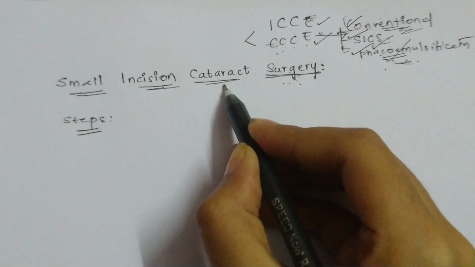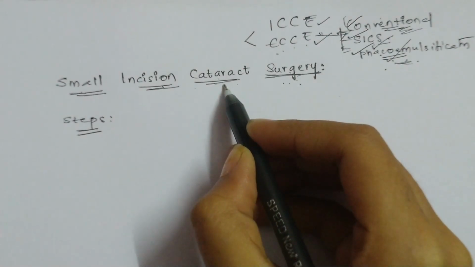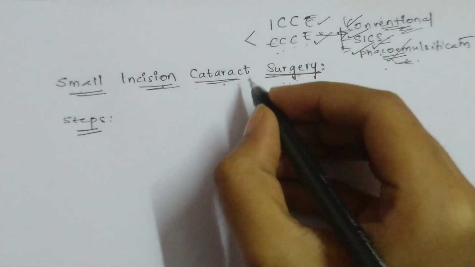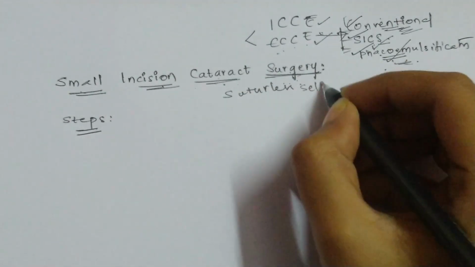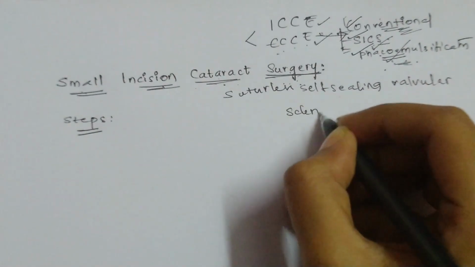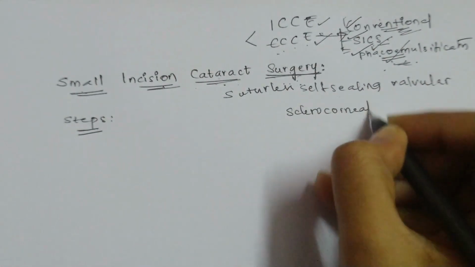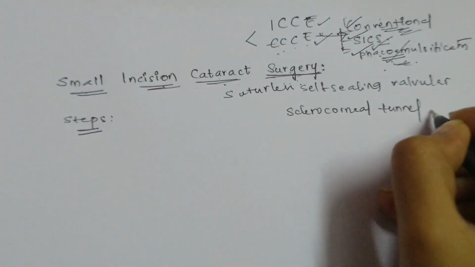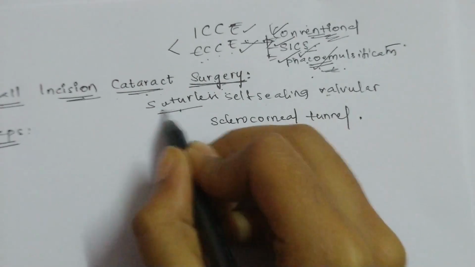The main advantage of small incision cataract surgery is that in this a sutureless, self-sealing, valvular sclerocorneal tunnel is made. What is meant by this? Sutureless.